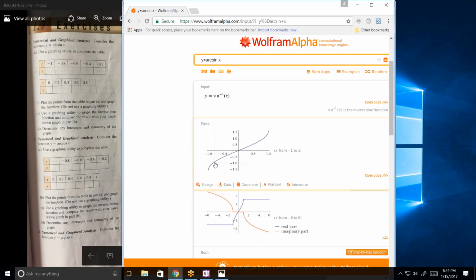Notice where it crosses the y-axis is above the minus 1. Now, are you writing these down? Go ahead and get some paper, because if you're going to have to turn these in, there's no point in doing all of this work over again. You might as well be writing down the answers as we're doing it.